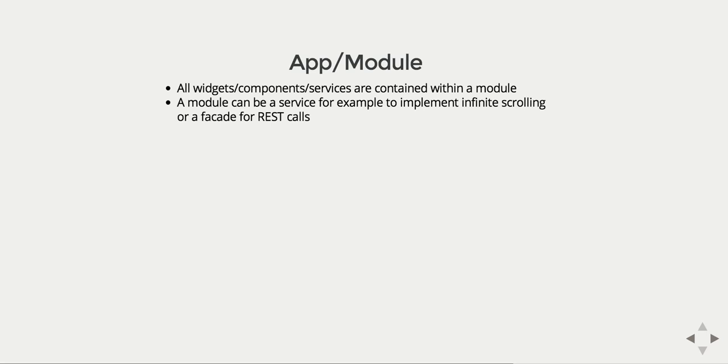For example, we created a REST service that was basically a facade, a wrapper on top of Restangular, which is another third-party library that we use. Or we wanted to implement infinite scrolling, where we applied it to whatever module we wanted, and that module was able to infinite scroll. Or a self-contained widget like a data grid or a date picker.